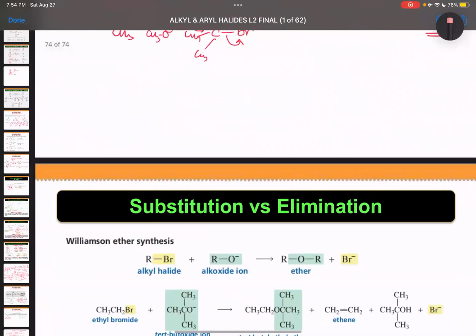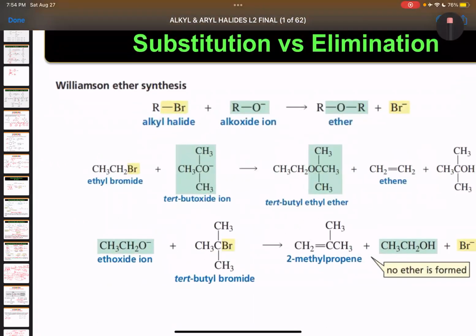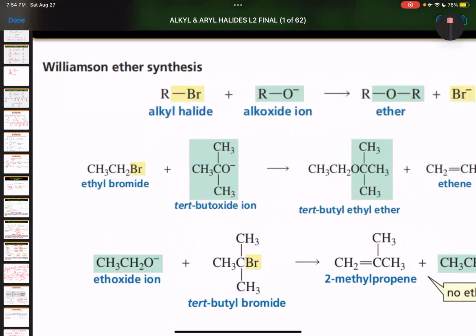So I hope this is clear. Substitution can happen very easily on less branched substrates by SN2, but for bulky groups, you will have elimination. So look here. What has happened here? You took ethyl bromide. O minus will come.